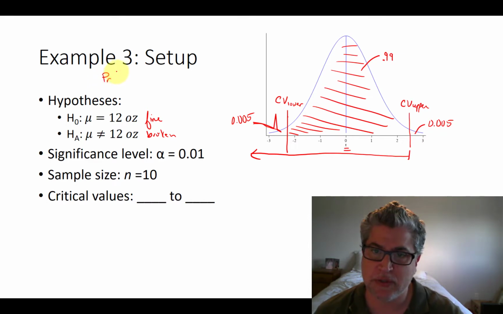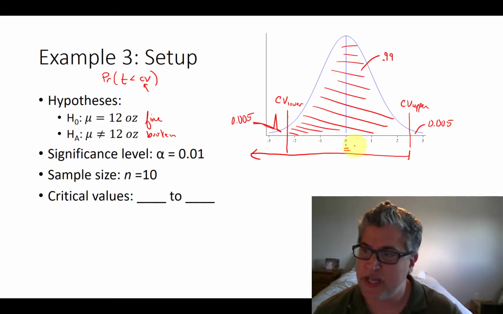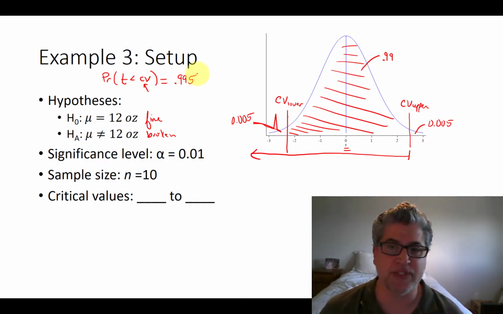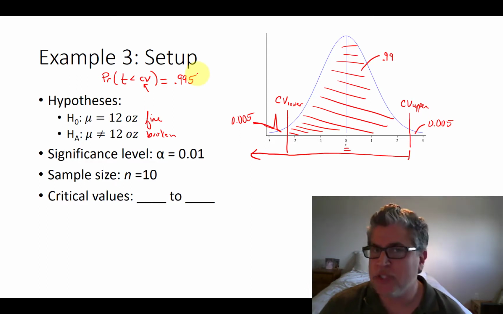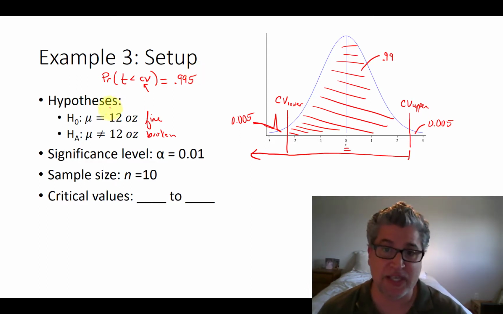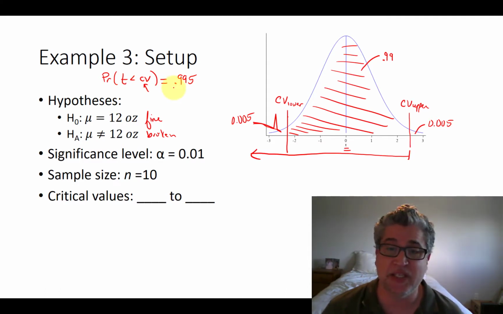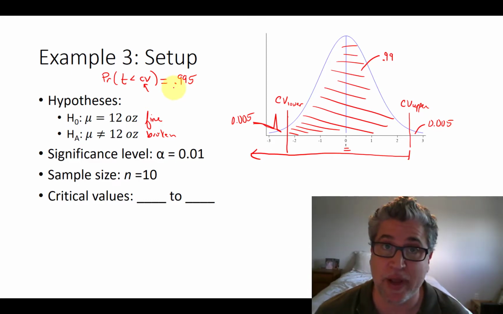So in other words, we need to find the particular value such that to the left of that value, we've accounted for 99.5%. Just like we did when we were using z's, except now this probability is calculated from a t distribution. So let's switch over to Excel and calculate that real quick.